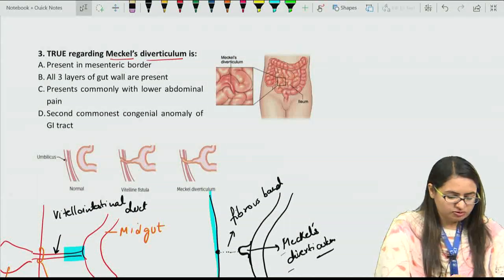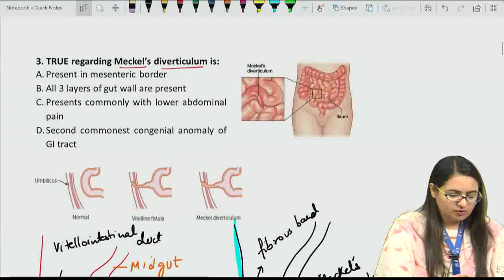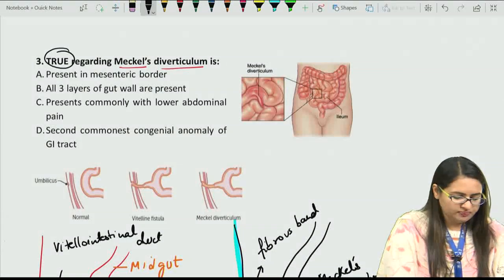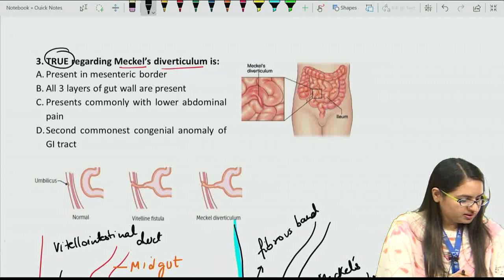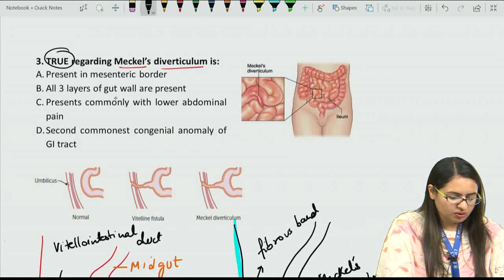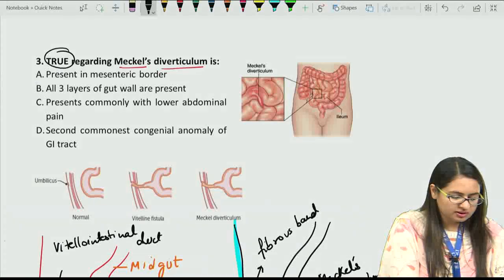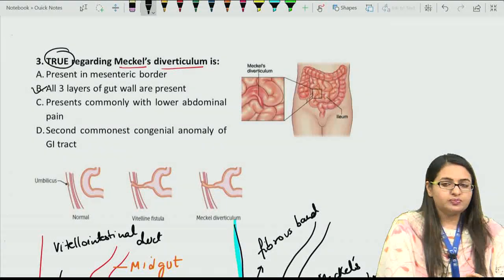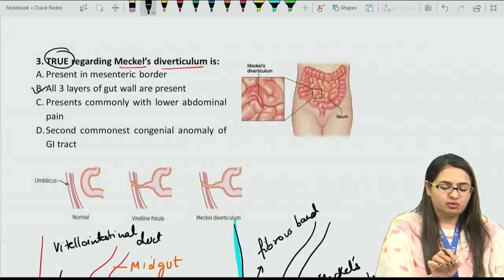Now if we come back to the question, it says, what is true regarding the Meckel's diverticulum? Option A says it is present in the mesenteric border, but as we have said, it is present in the anti-mesenteric border. Then all 3 gut wall layers are present. Yes, this is true. Option C says it presents commonly with lower abdominal pain, but it presents as pain around the umbilicus.